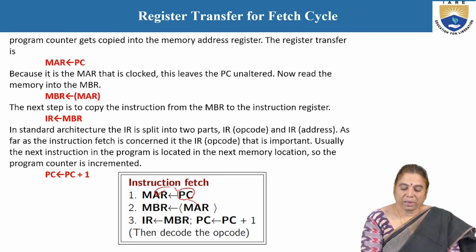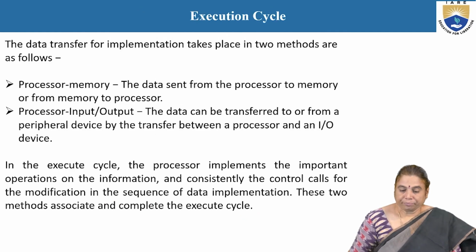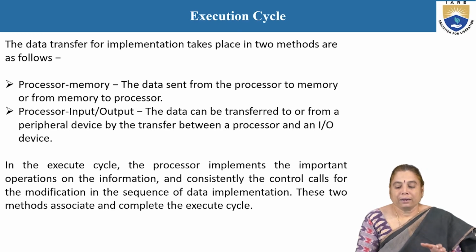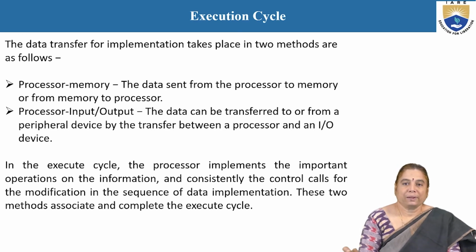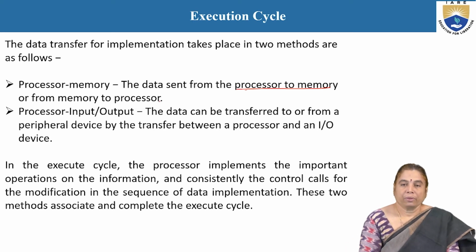The content of the MAR register is moved to the MBR, and the MBR is moved to the instruction register. The PC points to the next instruction. During the execution cycle, the data transfer for implementation takes place in 2 methods. One is processor-memory: data is sent from processor to memory or from memory to processor, or between I/O devices the data transfer can take place.